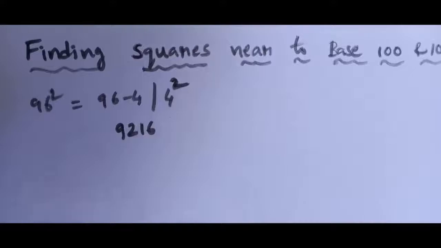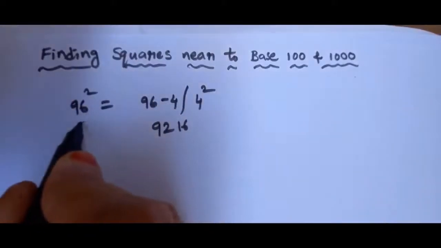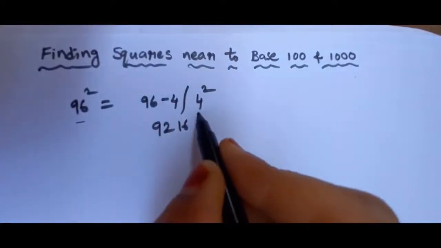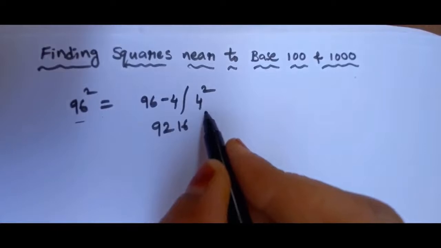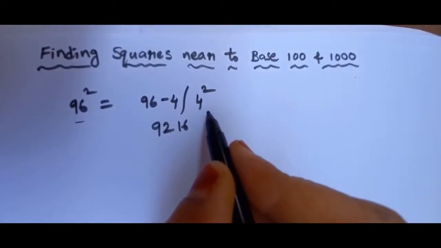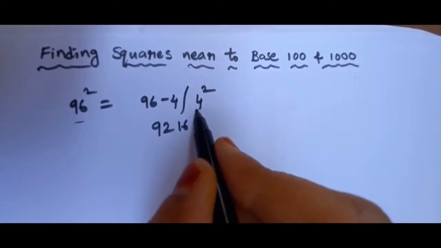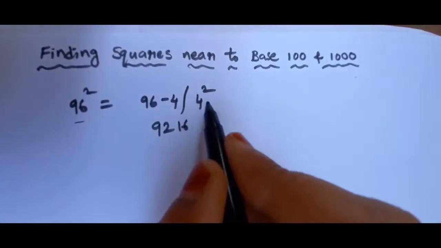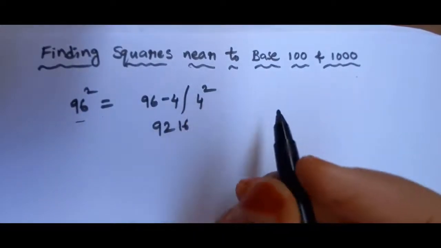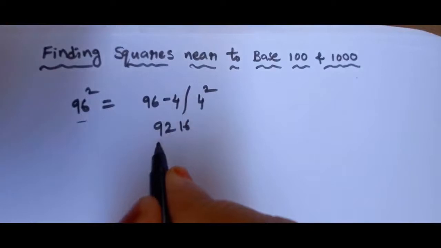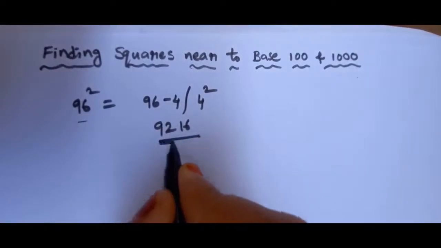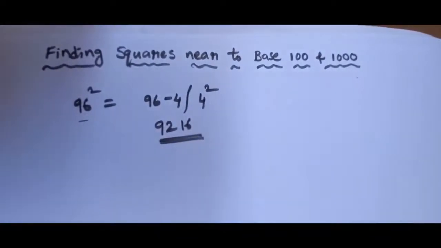Here, this is base 100, so we write the second part in 2 digits. If we get a single digit, we need to write 0 before it. If you get 3 digits, we need to carry forward. So 96 square is equal to 9216. That is the answer.